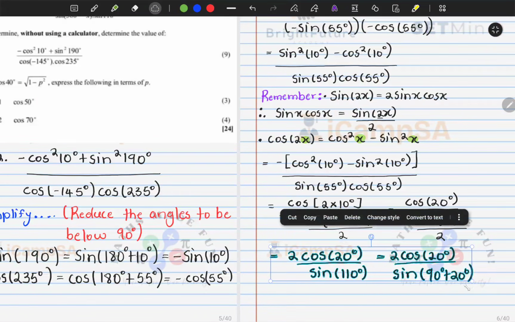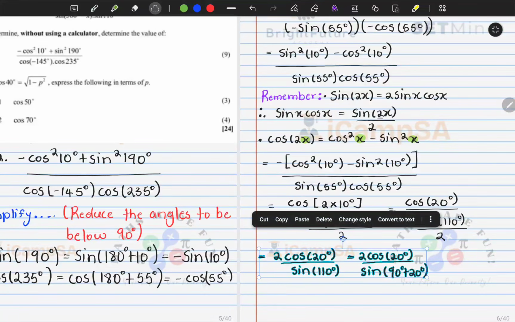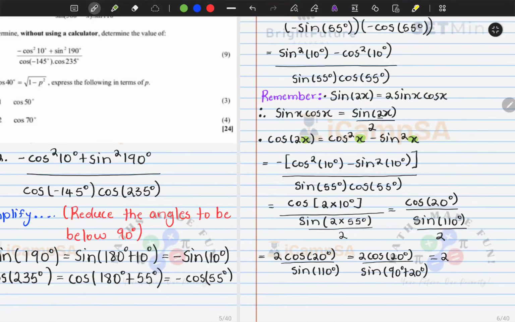It's a trig identity that we call a co-ratio. So we'll have 2 cos of 20 degrees. And remember that sine is positive in the second quadrant, so with 90 plus. So when sine is positive, it means we convert to a positive cos of 20 degrees.